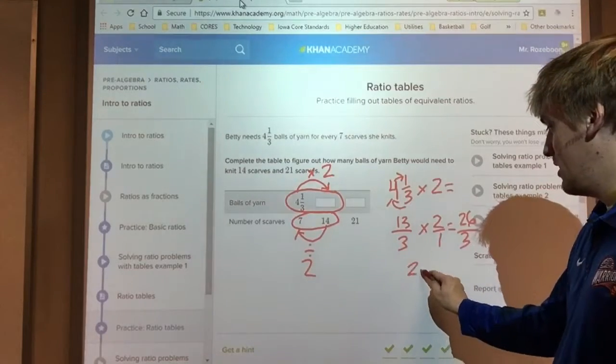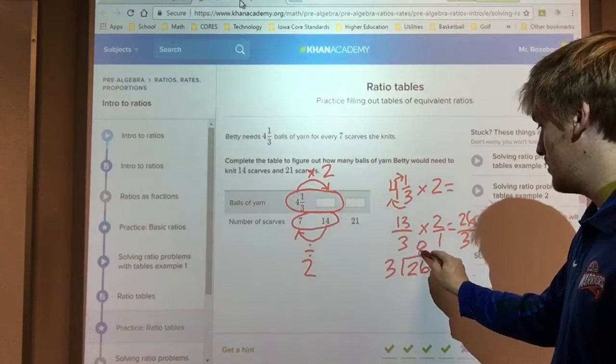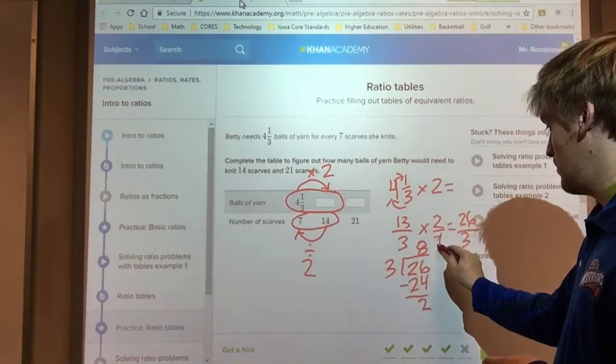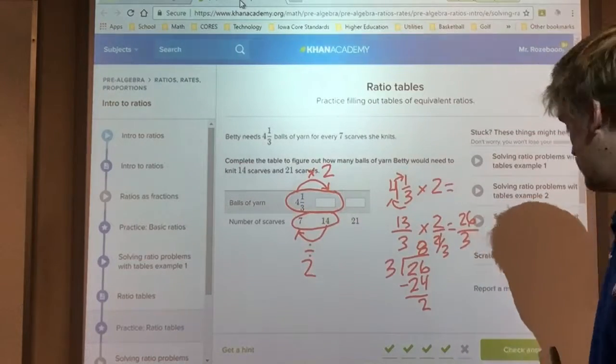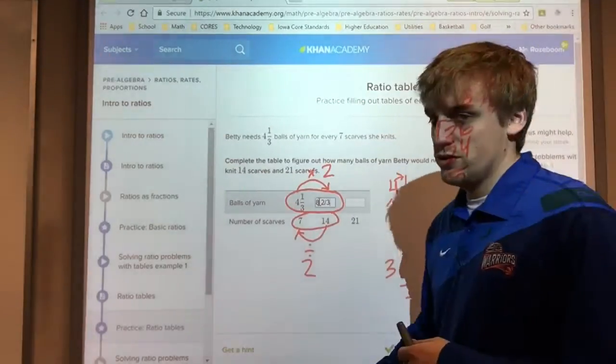If I divide that, 26 divided by 3, I'm going to get 8 and 2/3. So if I type that in, I get 8 2/3.